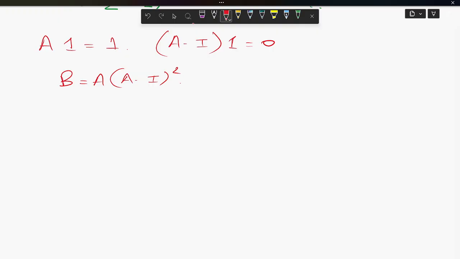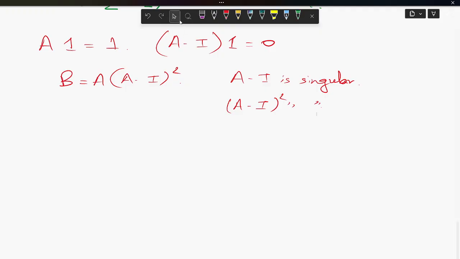Since A minus I is singular, (A minus I) whole square is also singular. Thus B is singular and Bx equals 0 has infinitely many solutions.